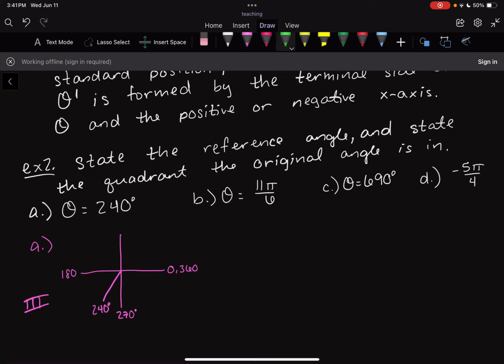Your reference really just means how far is that from the nearest x-axis. And so we've already done this. From 180 to 240 is 60 degrees. So my reference is 60 degrees.